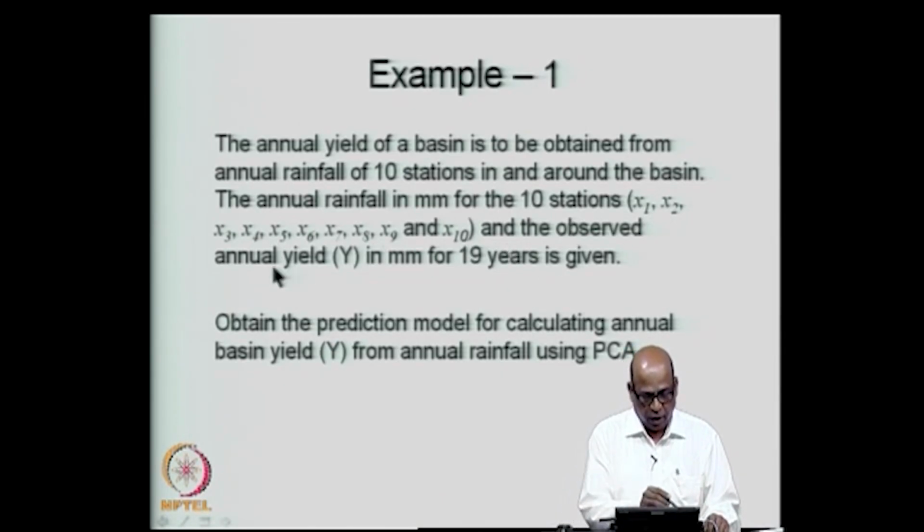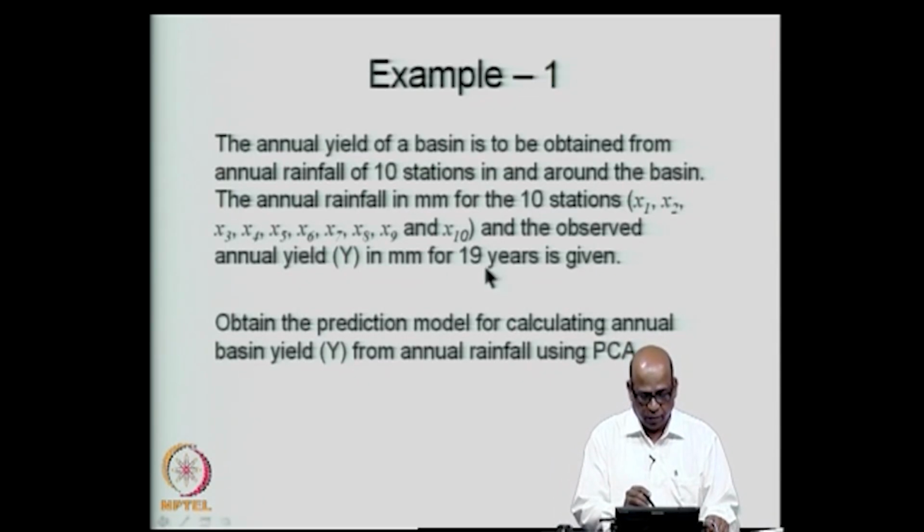The observed annual yield associated with these 19 years of annual rainfall is also given. By yield, we mean the runoff at that particular location, which is the yield of that watershed, which is just the runoff that is observed.